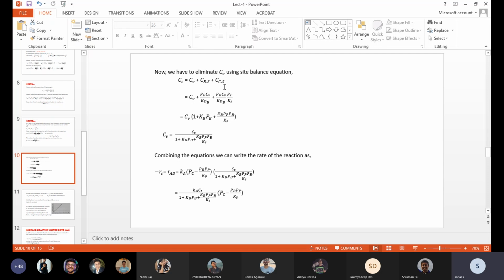So this is the total site concentration. Cv plus, but we know the values of Cbs and Ccs. We are replacing that. Cv plus Pb Cv by Kdb plus Pb Cv by Kdb Pp by Ks.